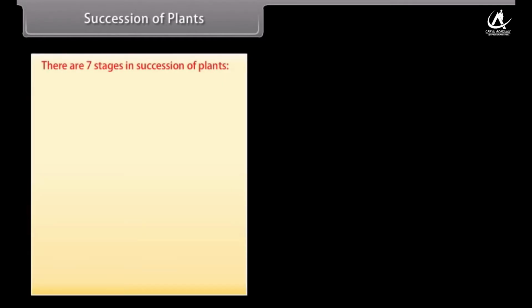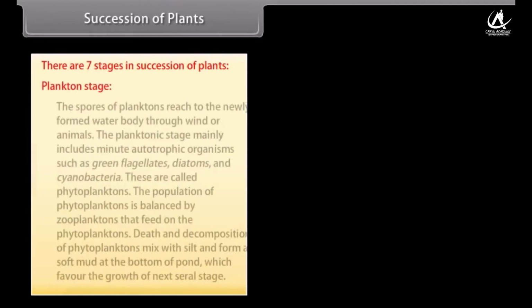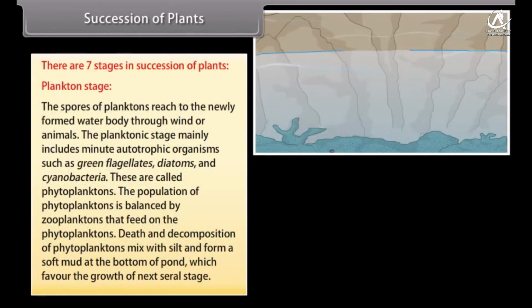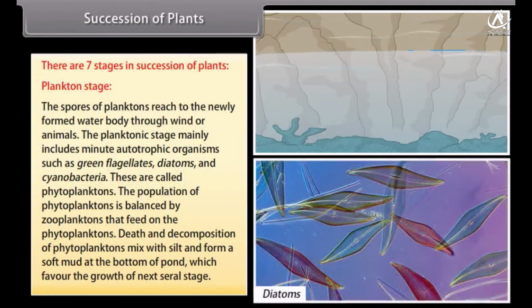Succession of plants. There are 7 stages in succession of plants. Plankton stage. The spores of planktons reach a newly formed water body through wind or animals. The planktonic stage mainly includes minute autotrophic organisms such as green flagellates, diatoms, and cyanobacteria.